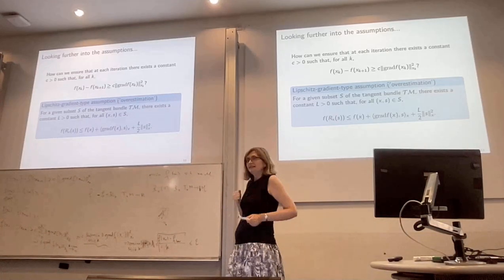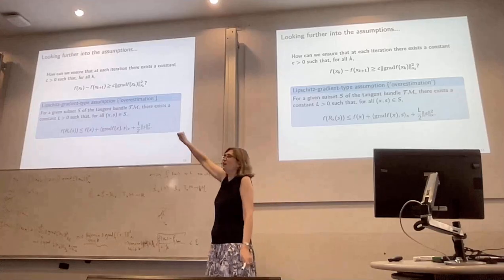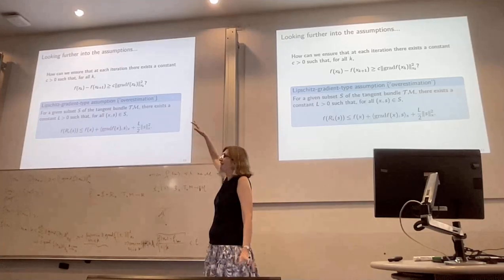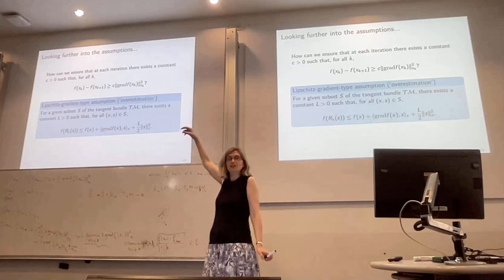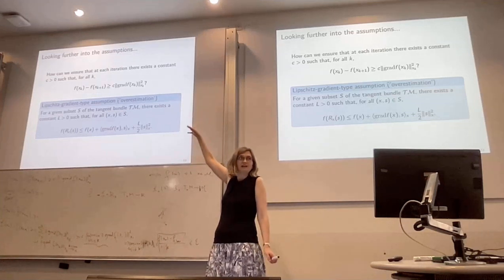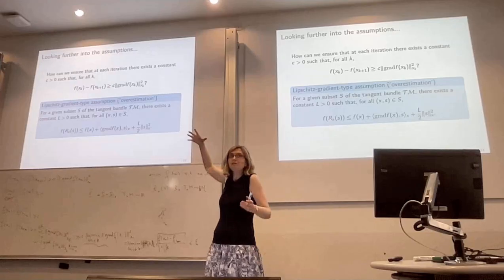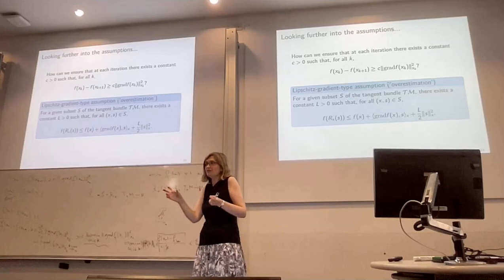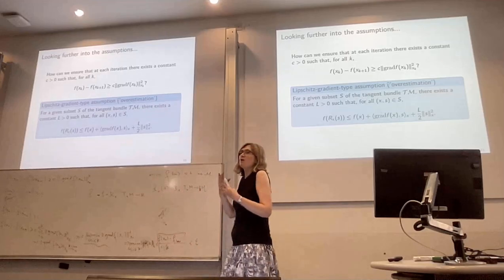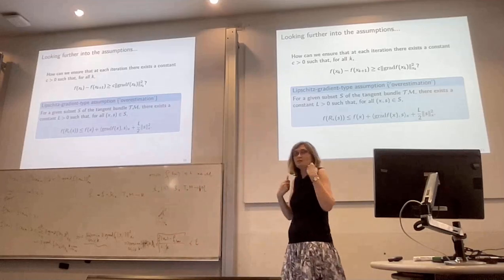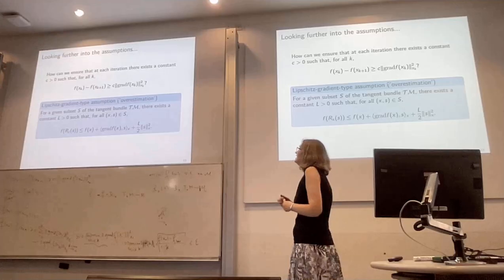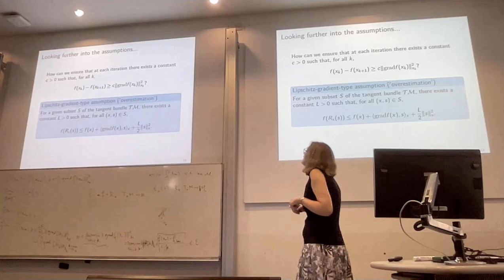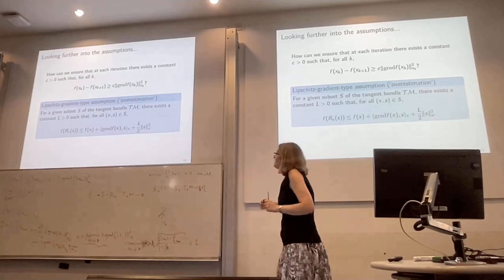I need two ingredients. It's connecting function to gradients. So I need some form of smoothness. If the function is not smooth enough, I may not be able to relate how the function varies with how the gradient varies. So this comes from assuming sufficient smoothness in the function in the form of some kind of Lipschitz continuity of the gradient. Now we have a problem.